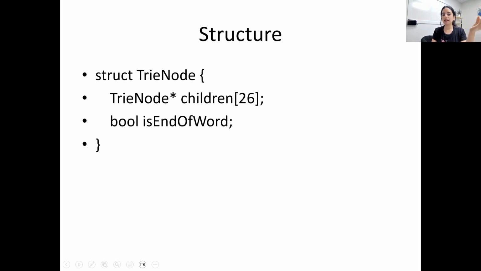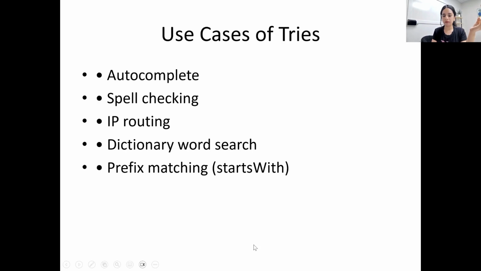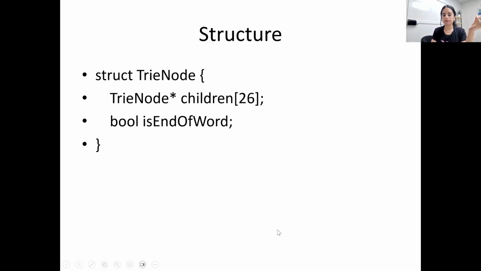As we were talking about on the whiteboard, the word cam is not exactly a word. The word camera is, which we inserted into a trie, but the word cam is not exactly a word because the Boolean value that is associated with it is actually false. So this is how we know whether a word exists in a trie or not, by checking whether the Boolean value is set to true or not.